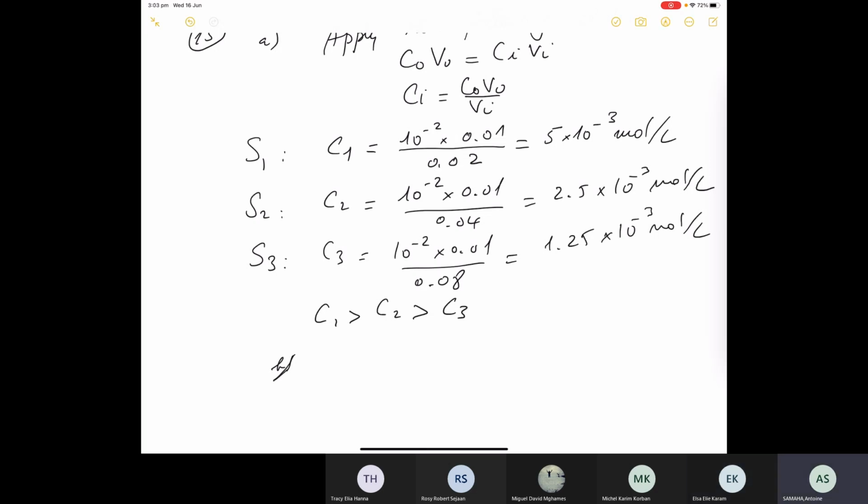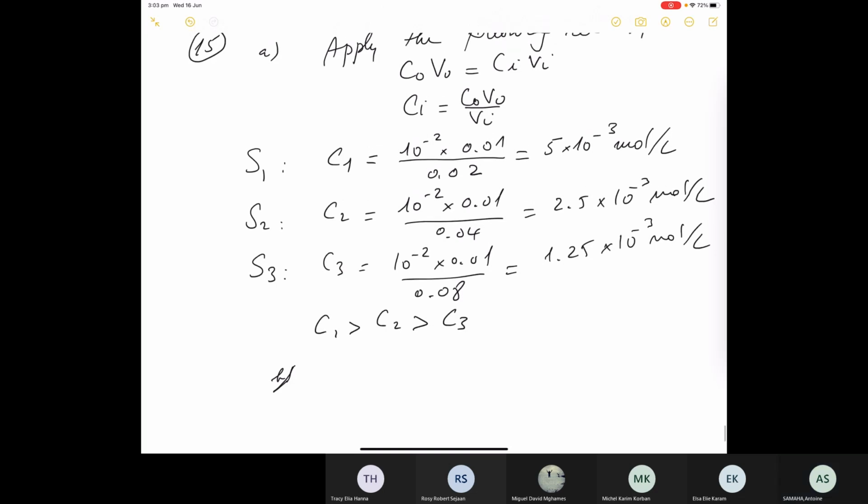Question B: calculate the pH of the solutions S0, S1, S2 and S3. We have hydrochloric acid here, a strong acid. HCl is a strong acid, which implies its pH is minus log CA.